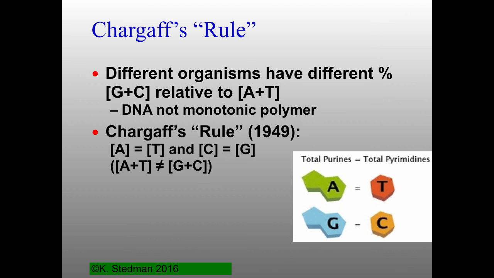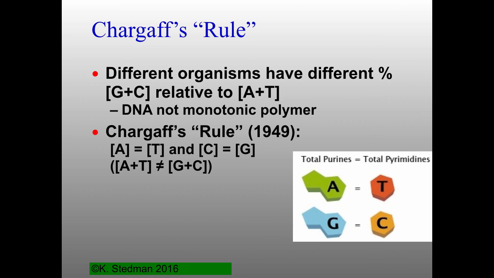And so what Chargaff found was that some of these different organisms, and again, it was mostly what he called the tubercle bacillus, which we now know as Mycobacterium tuberculosis, have very different amounts of G's and C's relative to A's and T's. But what he found is that G's and C's were extremely similar to each other, and A's and T's were extremely similar to each other.